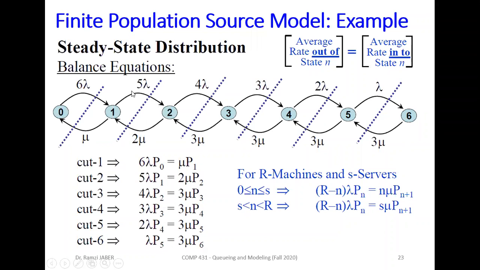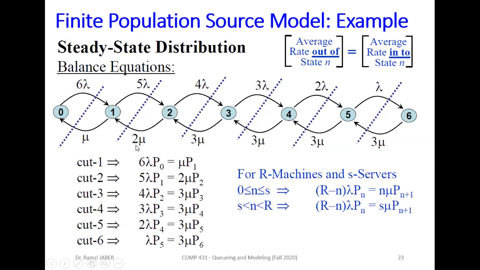The second arrival will be 5 lambda, 4 lambda, 3 lambda, 2 lambda, lambda. This is new in this model. All models before have constant lambda. The arrival of customers was at constant lambda. But here, no. The first one will be r lambda. The second will be (r minus 1) lambda, (r minus n) lambda. For n equals 4 it will be r minus n; r here is 6, n equals 4, so 2 lambda, and so on.